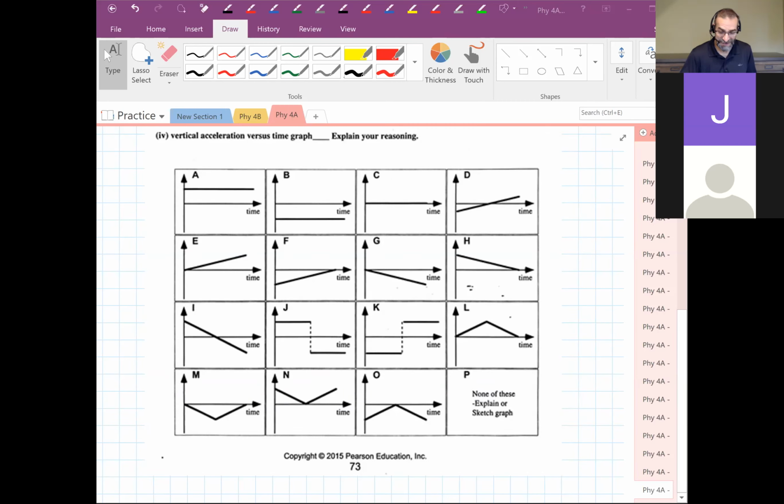Vertical velocity versus time. Okay, let's take a look. Looks good. Most people had I.